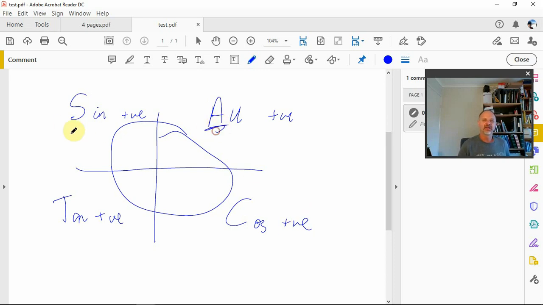So A, S, T, C: all students talk crud. All right, and that will help us. So that's what we talk about with symmetry properties.